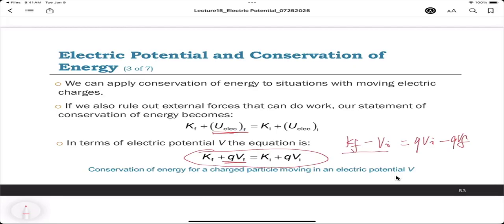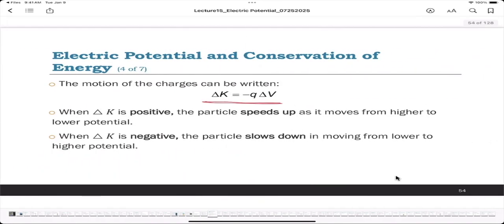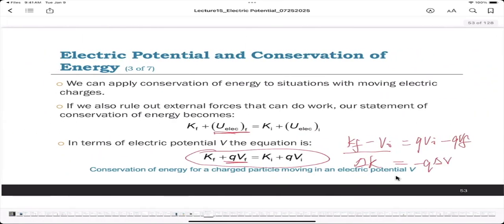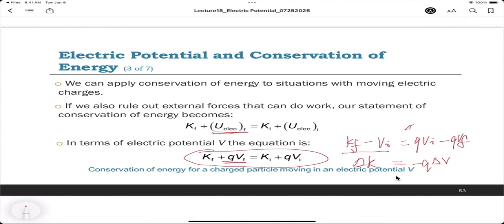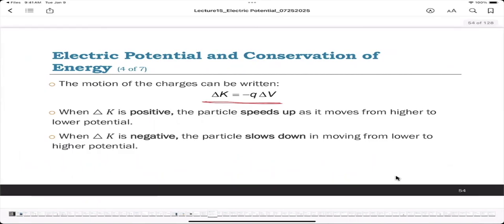This is delta K, and this is negative q delta V. You can see here this is the initial, this is the final, and delta V should equal Vf minus Vi, but here it is Vi minus Vf, so this is the negative. That makes sense to you? Okay, so we have this equation.